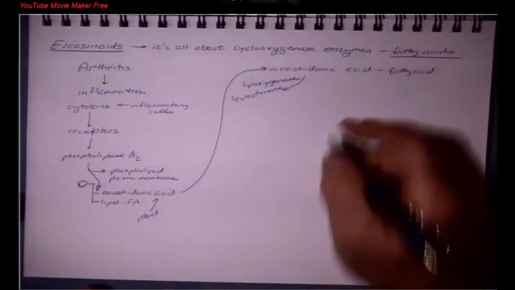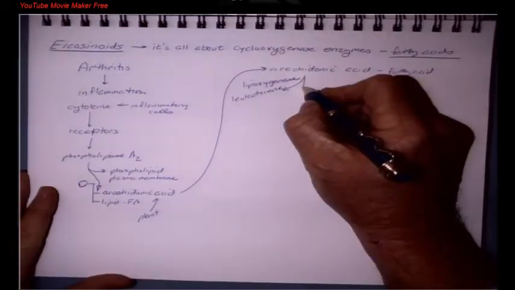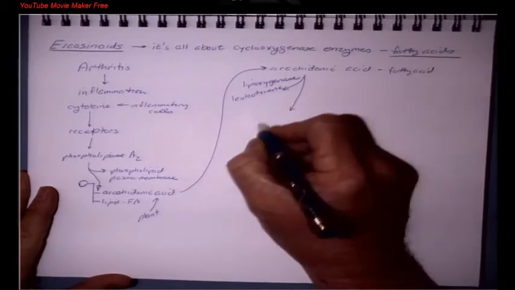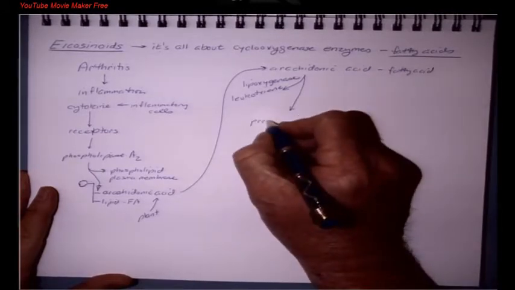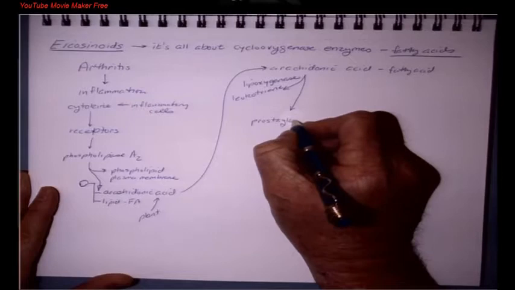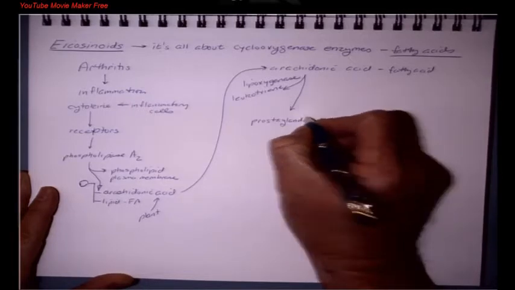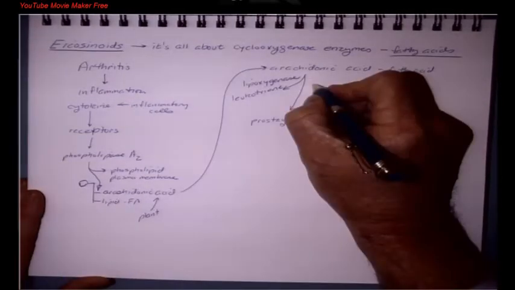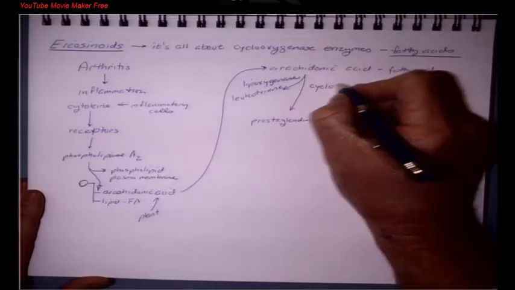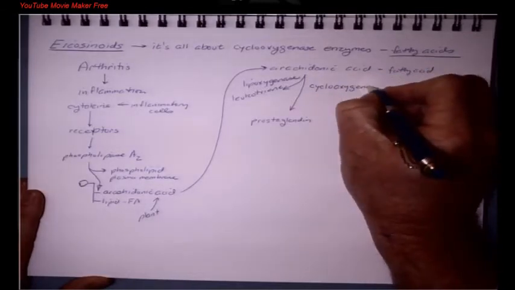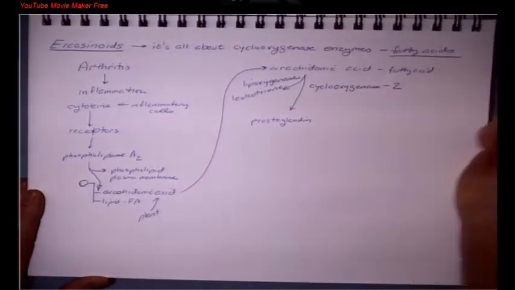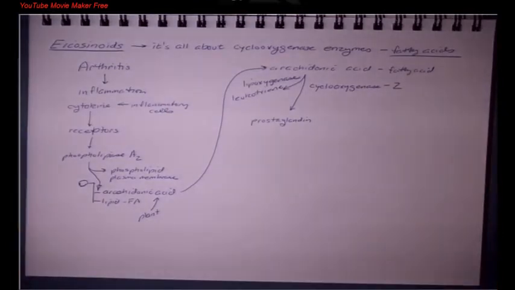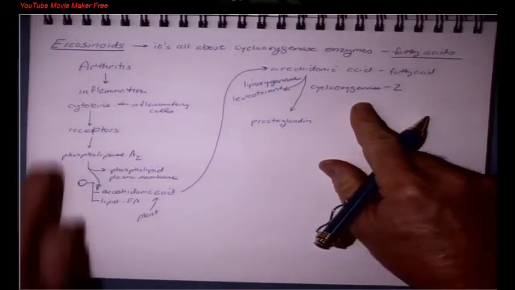Okay, the other response that this is going to have is making a prostaglandin. This is mediated by cyclooxygenase 2, the cyclooxygenase 2 form. This is what's happening in our arthritic patient.